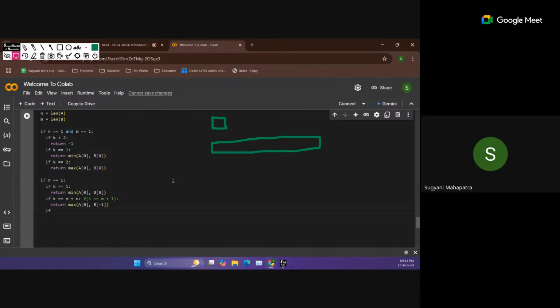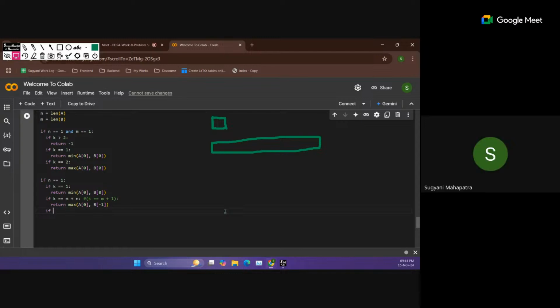Otherwise, what will we do? We can just go to k minus something. When we merge this element, my one element will be increased somewhere, right? So all we'll need to look into is the k minus 1th element or k minus 2th element or something like that, right?